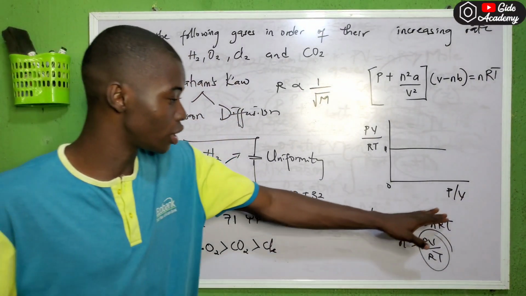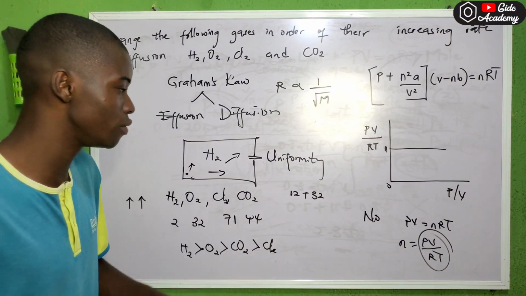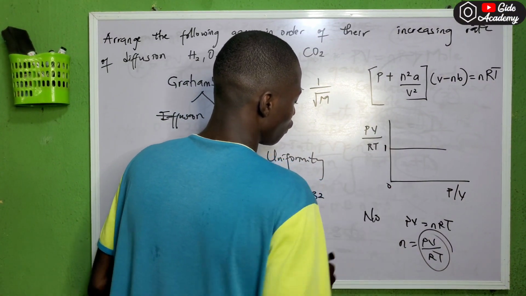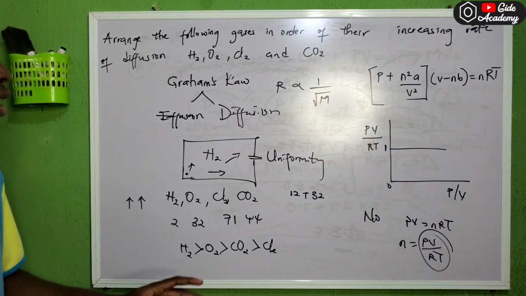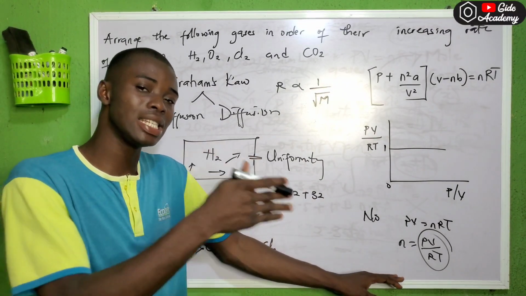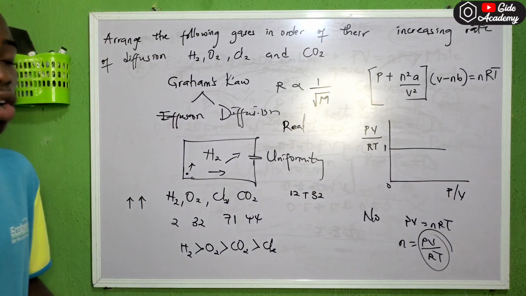So if it is not possible, that means you are going to have a negative deviation or a positive deviation. If the gas is not ideal, that means it's a real gas. So it's either you have ideal gas or what? Or real gases.